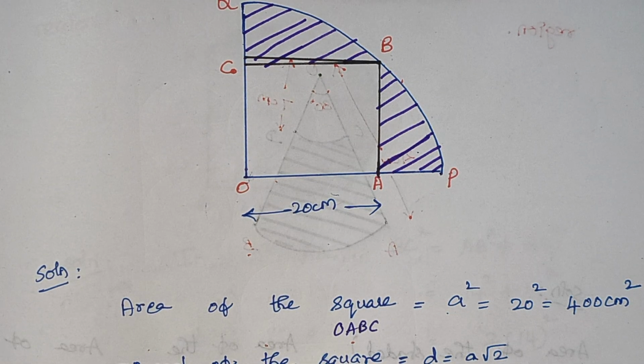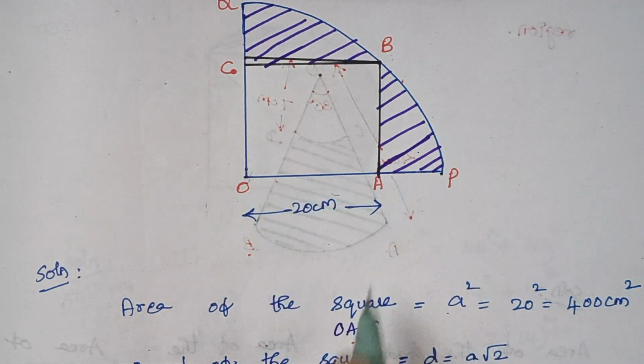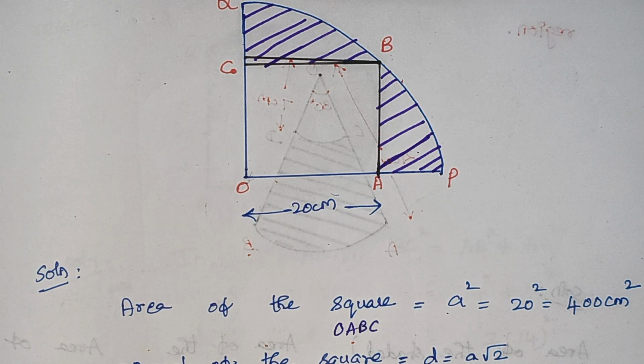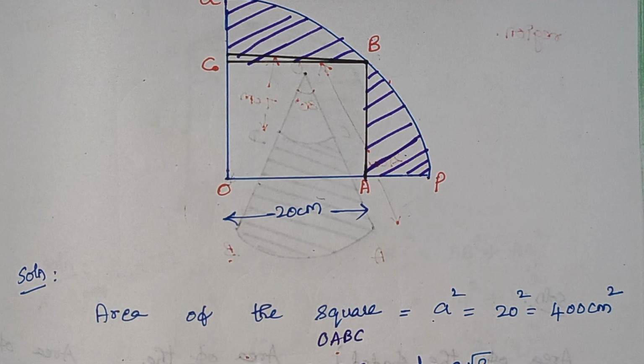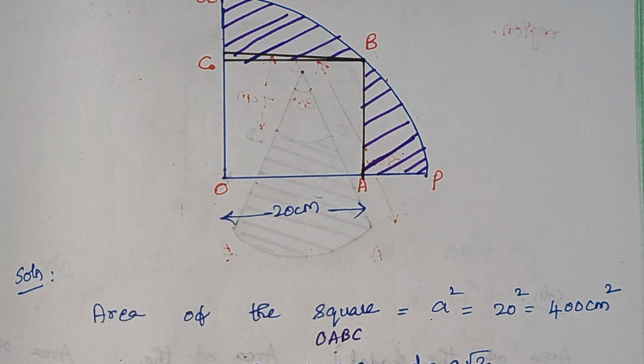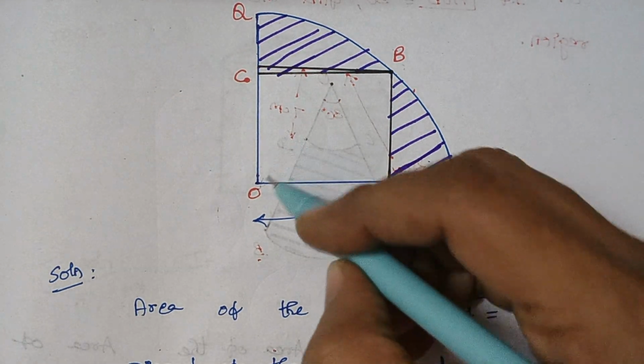Now as we need this length, that is the radius of this sector, how to calculate that? To calculate the radius of the sector, we are going to find the diagonal of the square, right? So what is the diagonal of the square here?